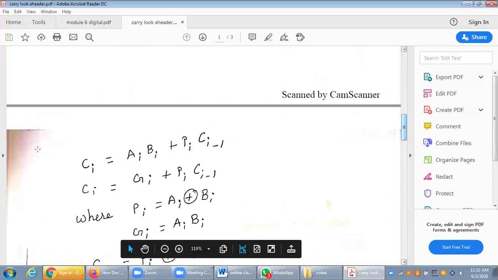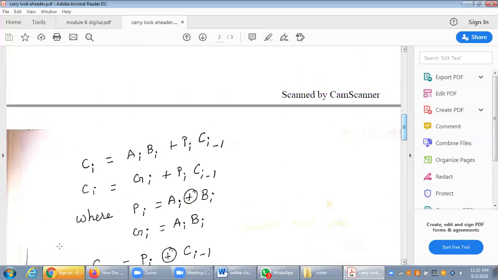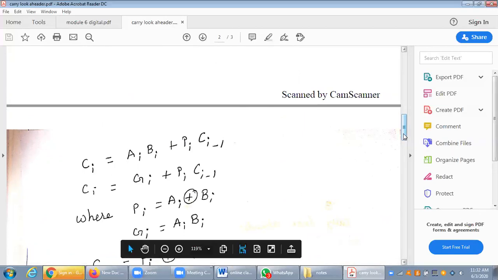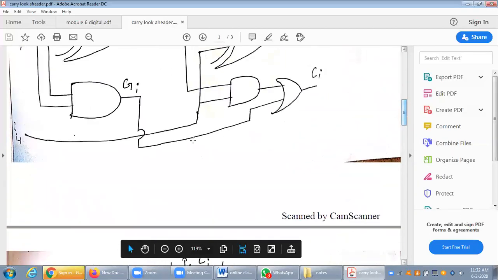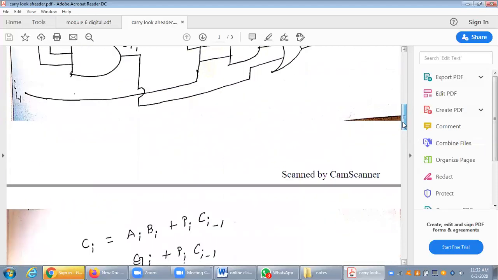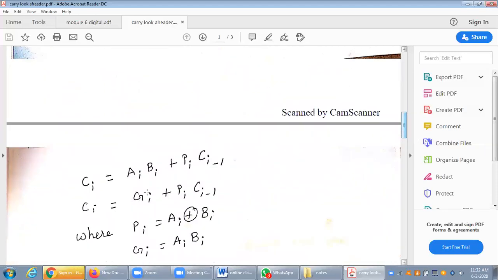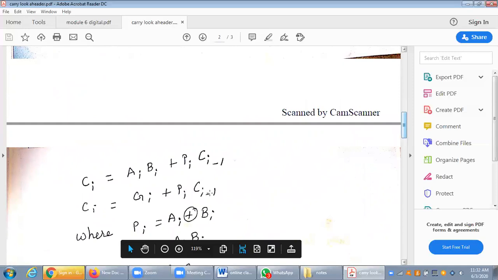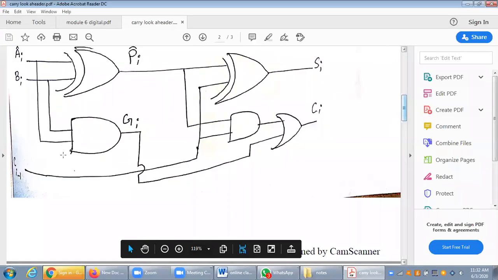See, Ci is Ai Bi plus Bi Ci minus 1. That means Gi. So here this is Gi. So Ci is Gi plus Pi Ci minus 1. This Gi is nothing but the output of this AND gate.